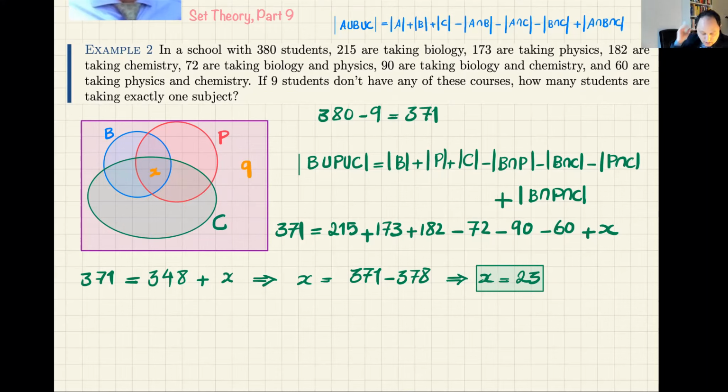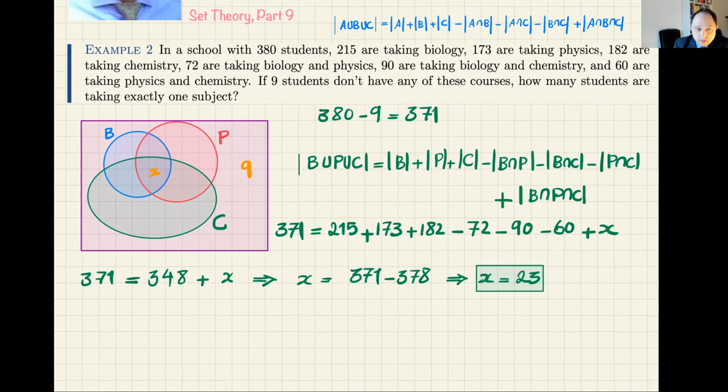I need to understand how to find, for example, let us concentrate here. So what I want to say is that when I know that this is 23, I can immediately know how many people are here. Yes? How can I understand that? Mr. Babak, I think there's a typo. I think there's a typo when it says x equals 371 minus 378.